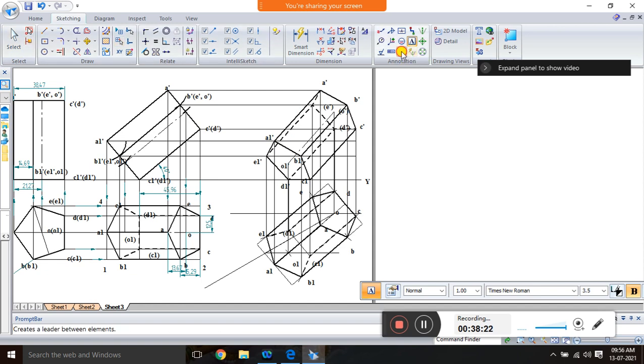And after this, you have to mark all the arrow marks. Yes, with this it completes.